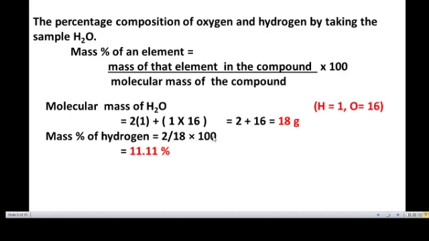So 2 into 100, 200 by 18 is equal to 11.11 percent. Mass percentage of hydrogen is equal to 11.11 percent.